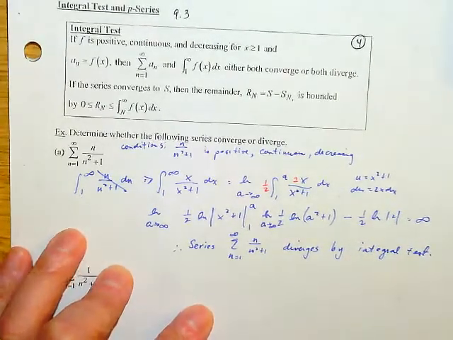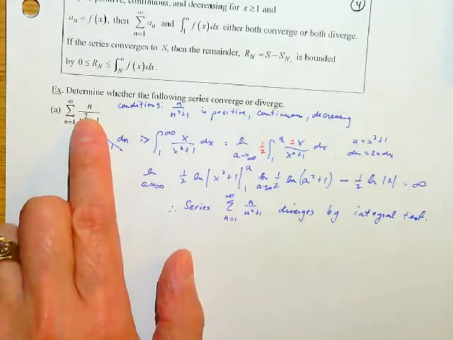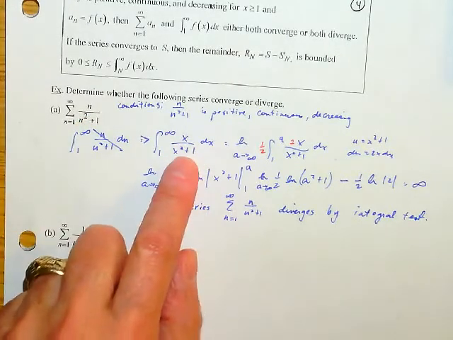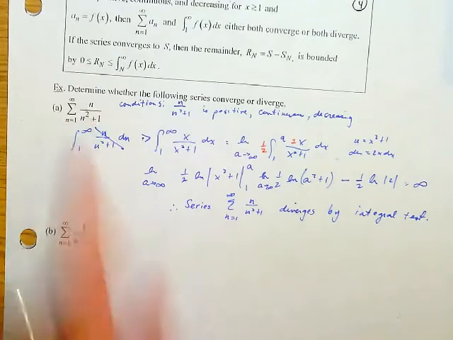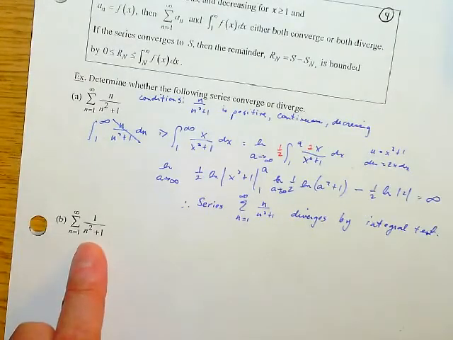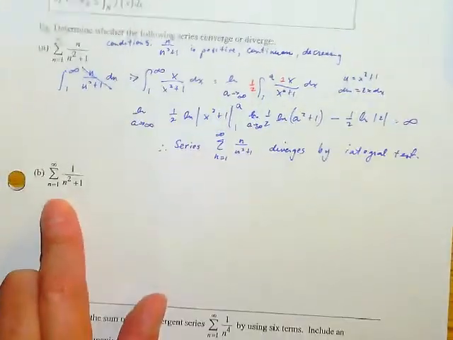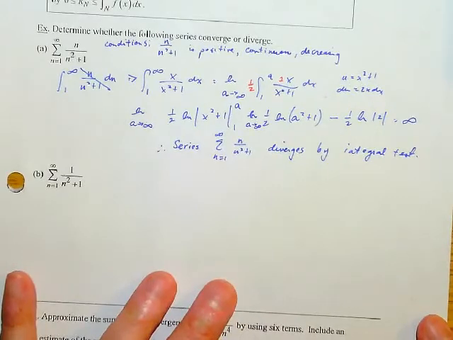Okay? So we're comparing an integral to a series, and since this integral diverges, then the corresponding series would also diverge. This one looks a lot alike, but it's 1 over n squared plus 1, not n over n squared plus 1, the series of that as n goes from 1 to infinity.